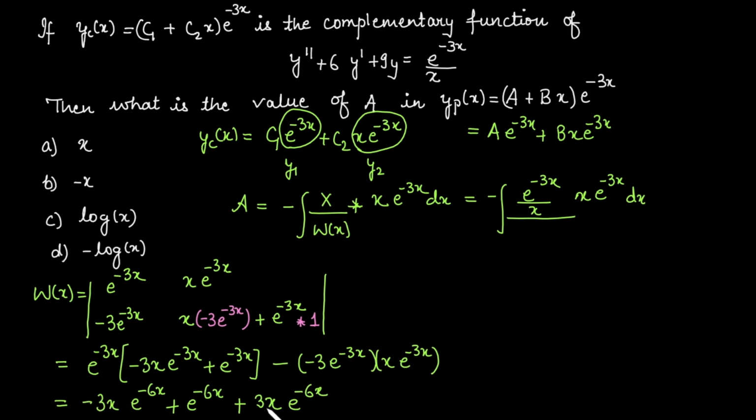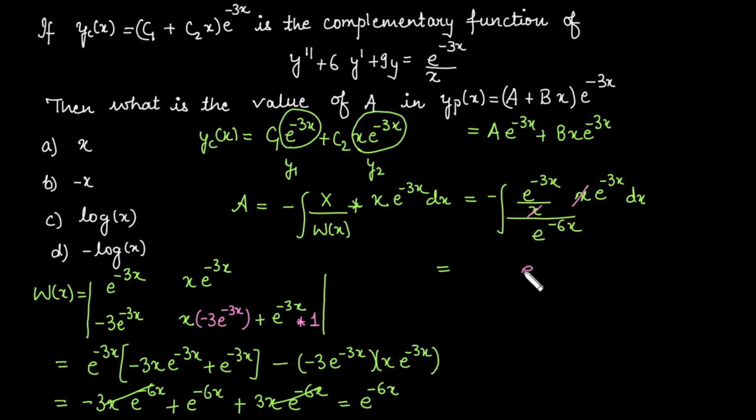This is a negative sign, this is with the positive sign. So these two terms get cancelled. We have e raised to power minus 6x as the Wronskian. So here we can write e raised to power minus 6x. This is equal to. Here x gets cancelled with x.